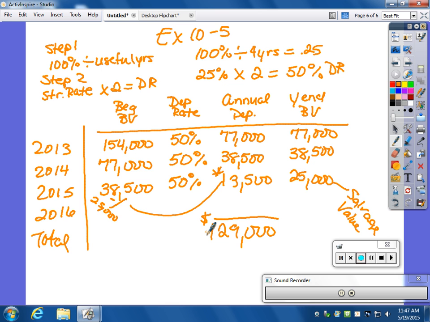So, looking at your schedule, what's today? The 19th. Your integrity ethics post is due when? Tomorrow night, 11:59 p.m. Learn Smart is due by the 27th, which is next Wednesday.